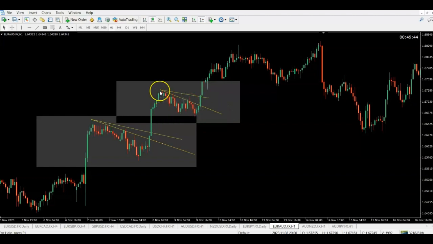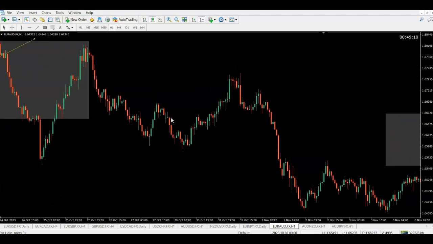But the start, you got one, two, three, four, five touches actually going into this trend line until you finally have your breakout. So, guys, I don't think I've seen anybody use it the way I've shown you today in this video.